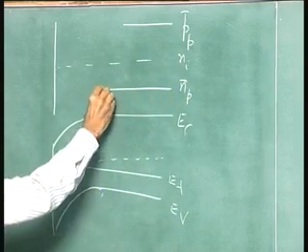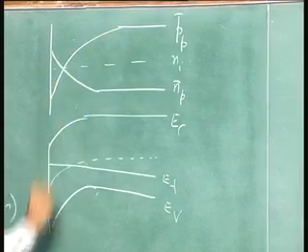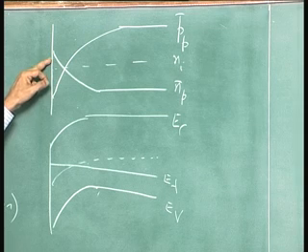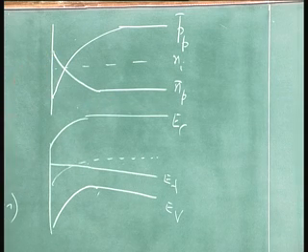From here onwards, it goes up like that and it goes down like that. Surface concentration is much higher; this is a basic principle of MOSFET.